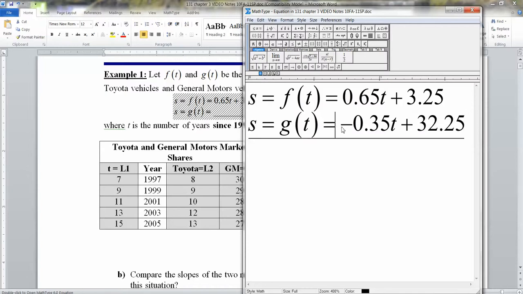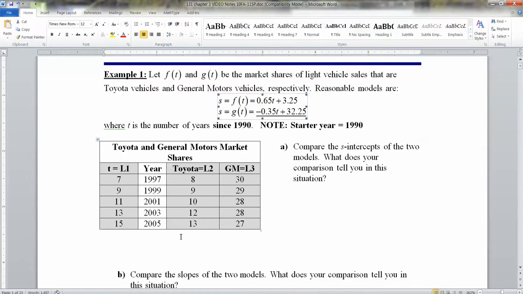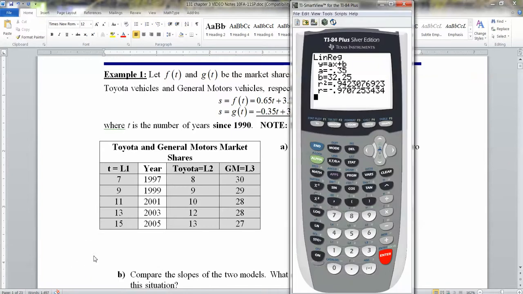Right? That was the blank that you had to fill in. There we go. Okay, so one other thing before I leave this behind.